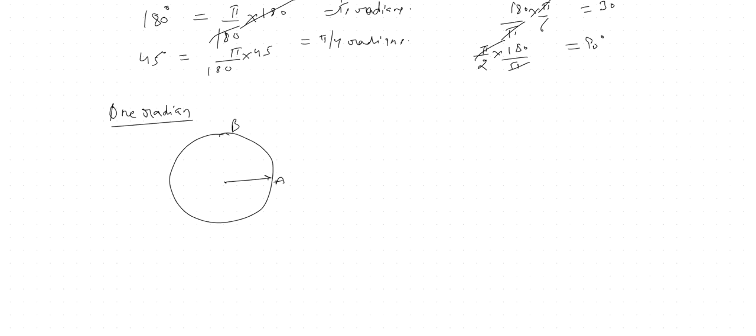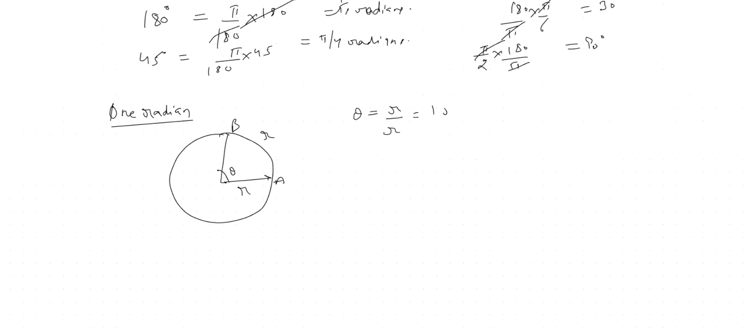If the length of the arc is equal to the radius of the circular path, let's say the length of the arc is also r, then the angle will be 1 radian. Because we know that theta is equal to length of arc by radius. Length of arc is r, radius is r, so r by r is 1 radian.